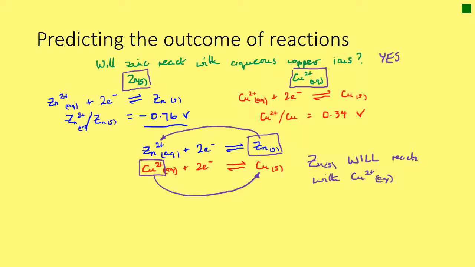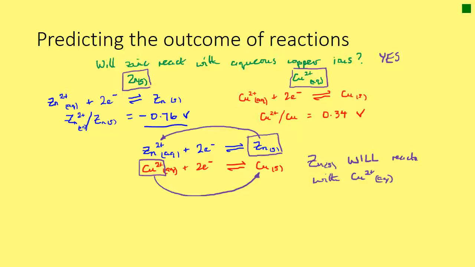That first question that I listed out there: will zinc react with aqueous copper ions? There's our question. So this is going to be zinc solid, and aqueous copper ions are going to be Cu2+ ions in solution.